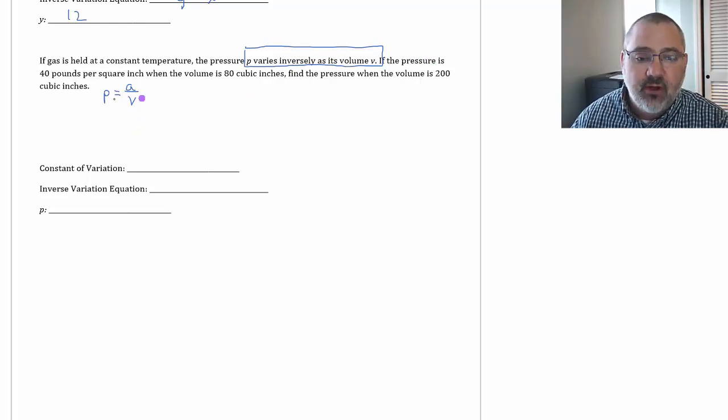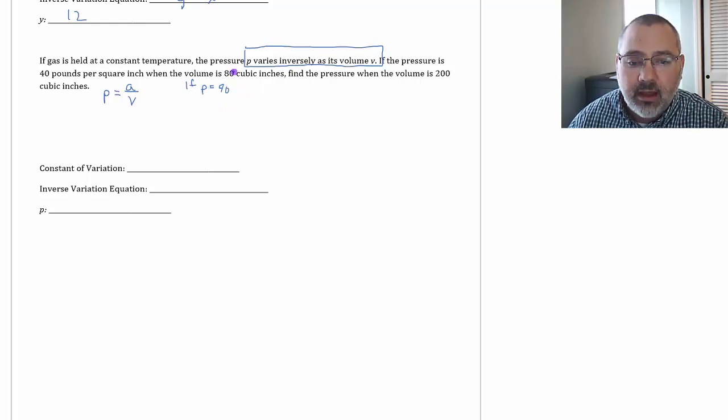If the pressure is 40 pounds, if P equals 40 pounds per square inch, when the volume is 80, let's go ahead and find our constant of variation. So P is 40 equals A divided by our volume, which is 80.